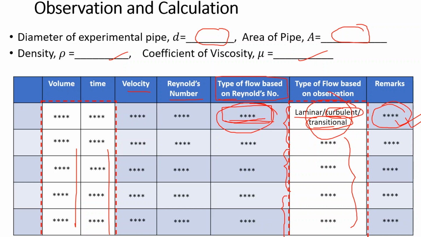Historically, when Osborne Reynolds first conducted this experiment, he did it not for 5 or 6 results, he did it for lots of different values of flow rates.